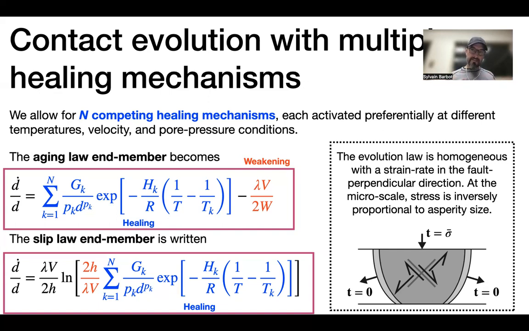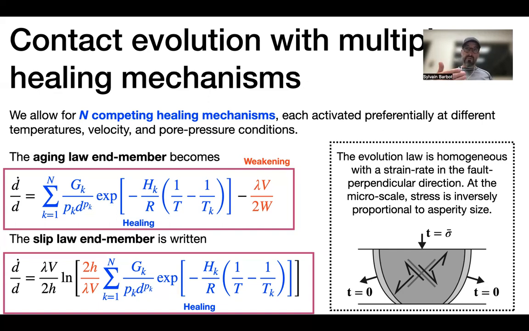So the strain rates then depend on the log of the product of all of these terms. But the terms are the same otherwise. They are basically found as a simple sum for the aging law, and they are found inside the log for the slip law.